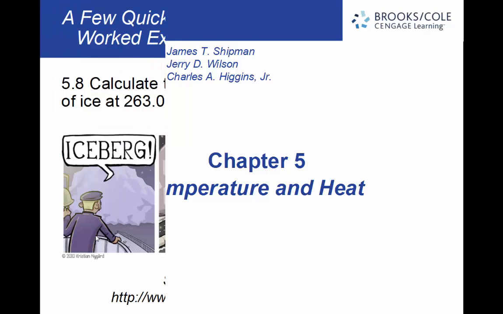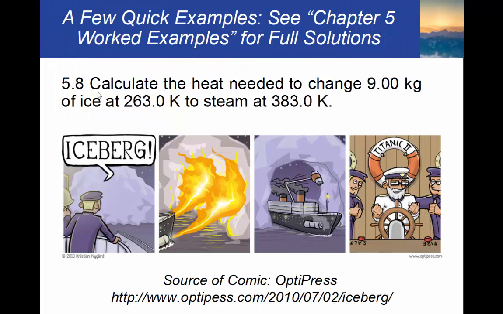In this example, the question is to calculate the heat needed to change 9 kilograms of ice at 263 Kelvin into steam at 383 Kelvin. So this is actually a relatively complex example because there are 5 steps involved, because you have to do this piece by piece.